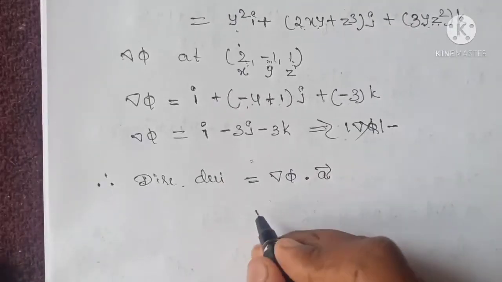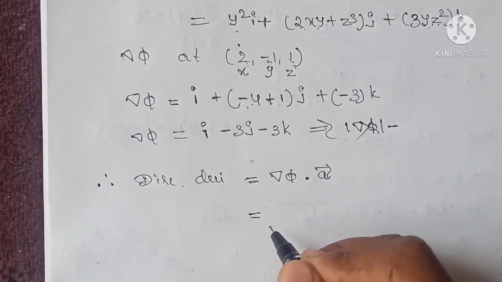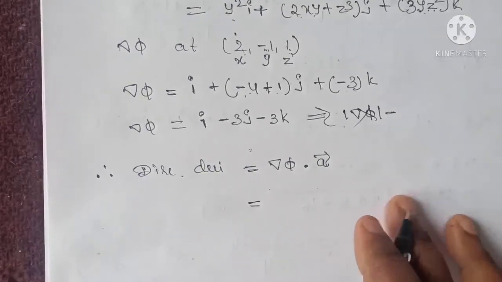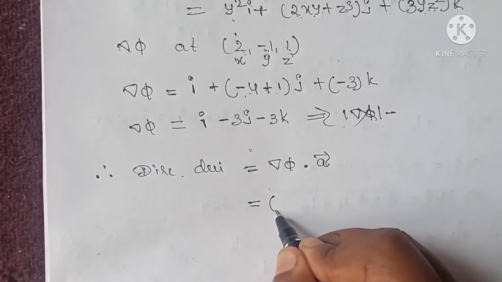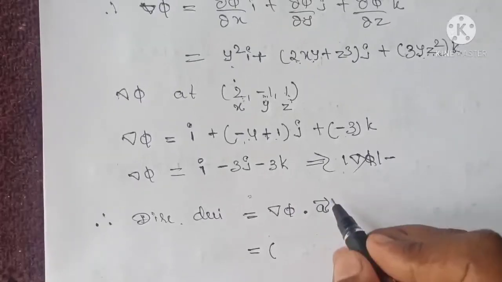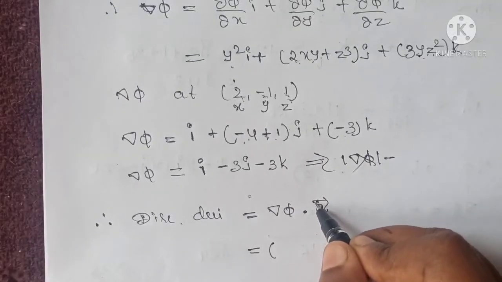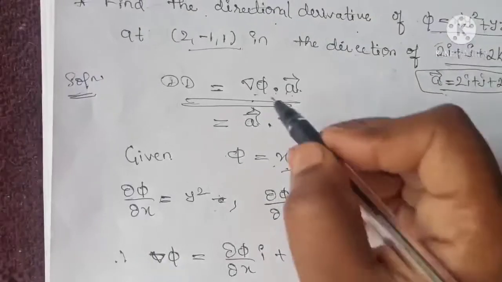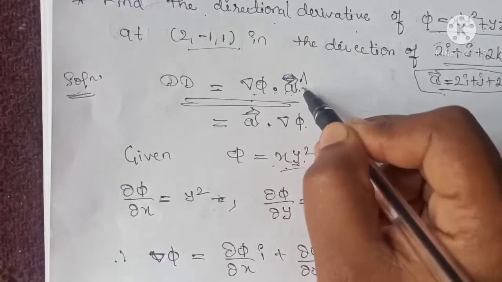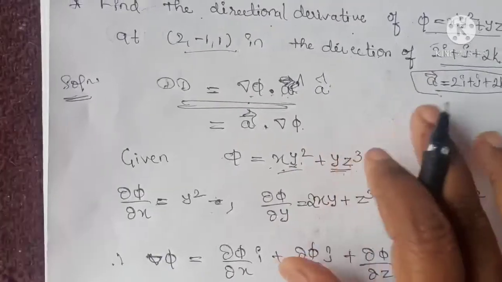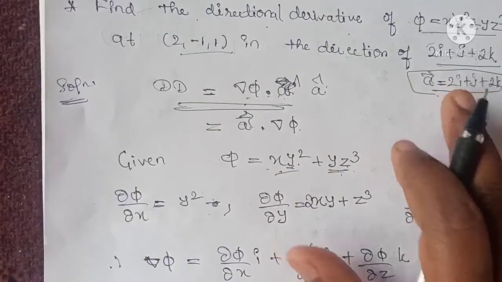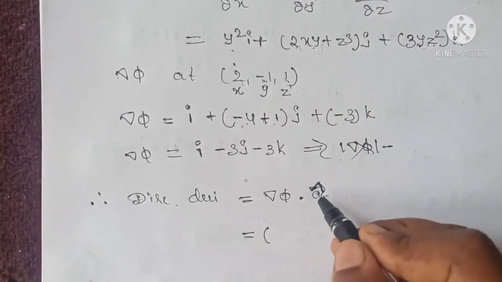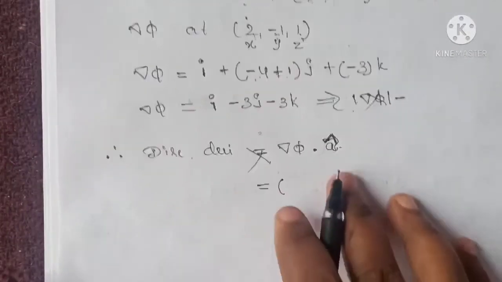Sorry, we need only the unit vector a cap. Here vector a is given, so this is the unit vector along the direction of the given vector. Therefore we have to find the a cap also. So first we find the a cap value.